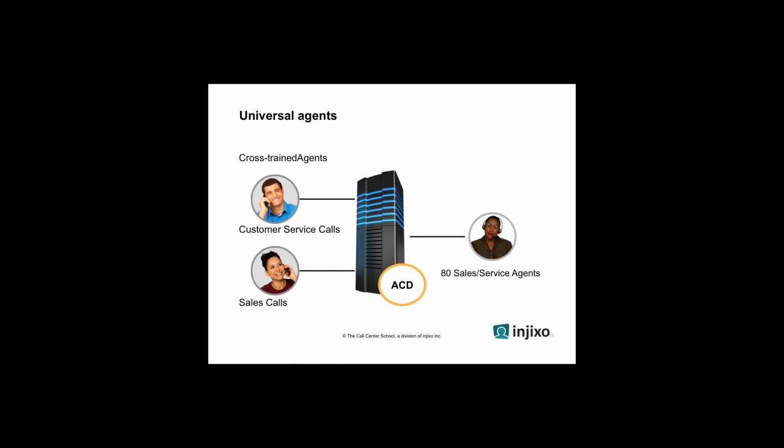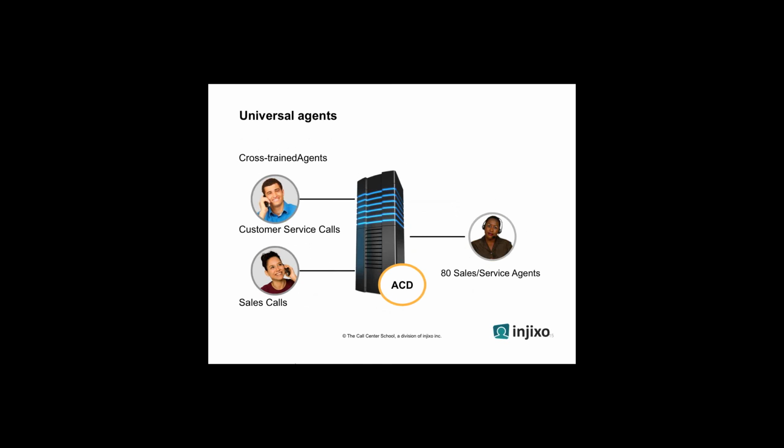Some of the sales people are not wanting to do service issues. So it may be that there's not interest or capability there. And I run the risk that a sales call comes in and it goes to a person who's primarily skilled for service and just kind of can do sales, and the call isn't really handled properly, or it takes much longer to handle the calls.